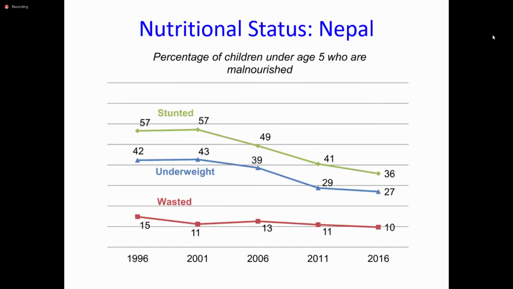This is again an old slide which I used in your previous class. So you can see still almost 36% of children below 5 years of age in Nepal are stunted. 27% are underweight. So still one third of children are malnourished in our country.